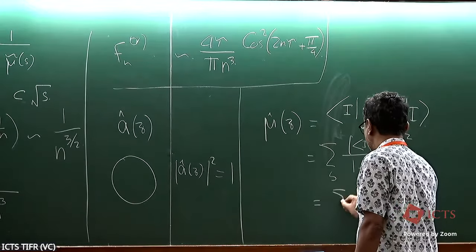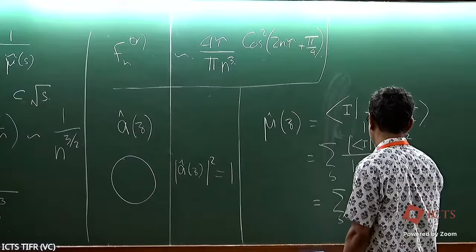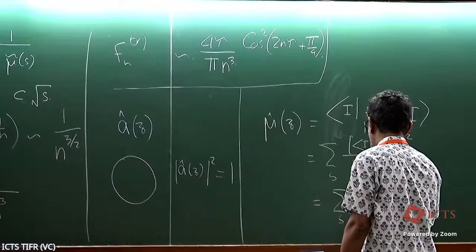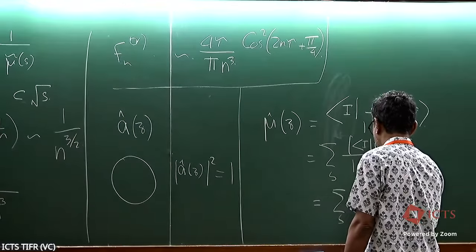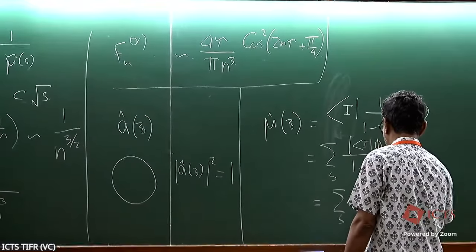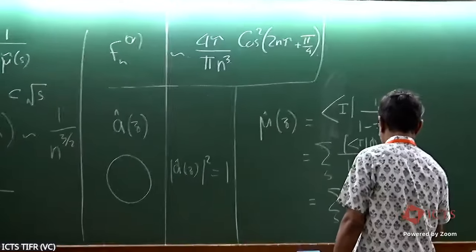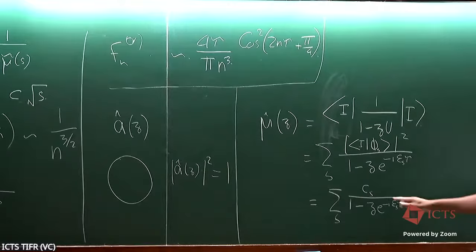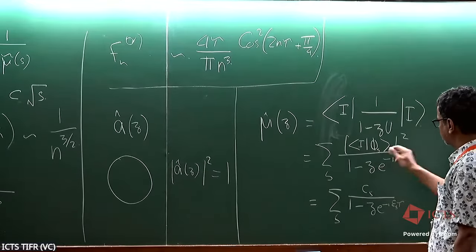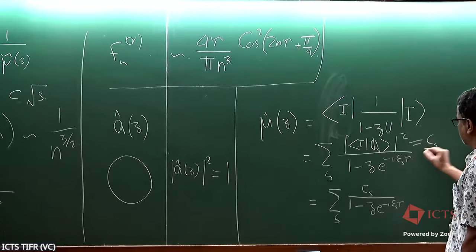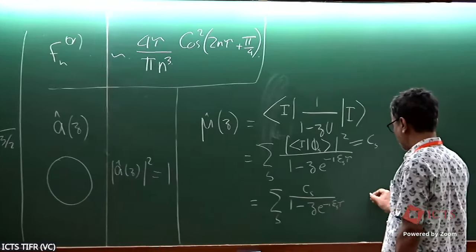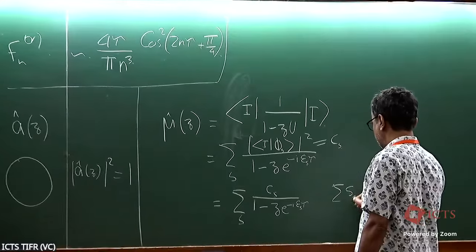So this is the sum over S. This CS is basically this amplitude square, and it satisfies the property that the sum over CS is 1.